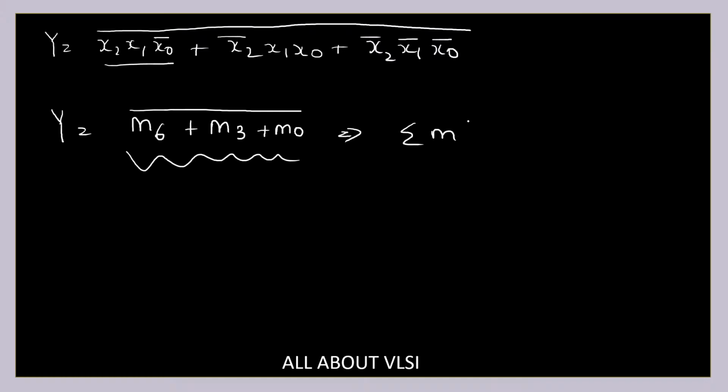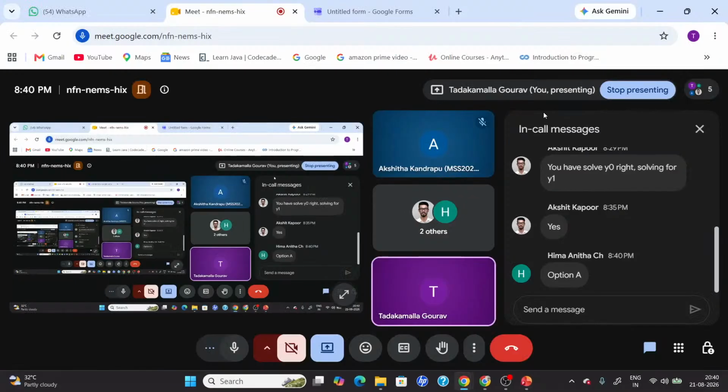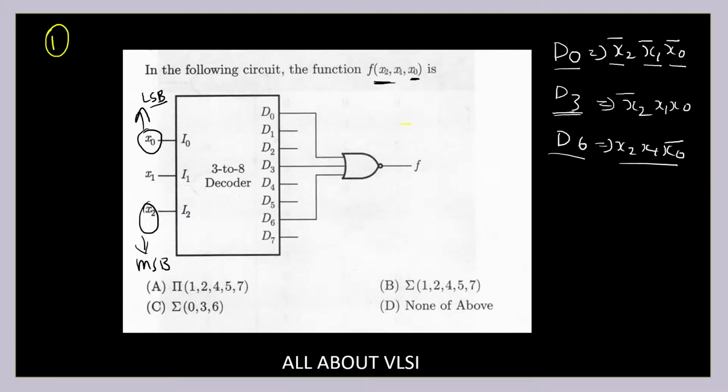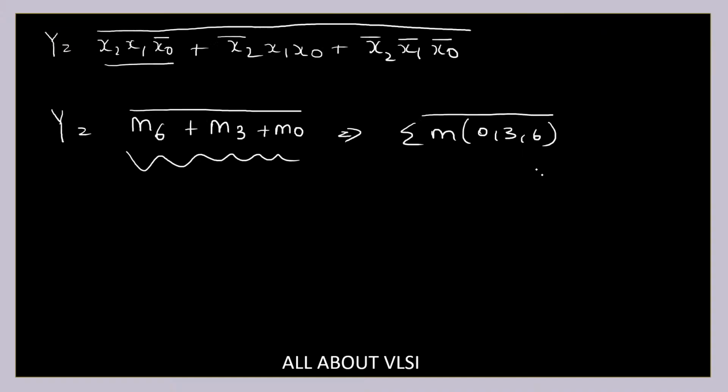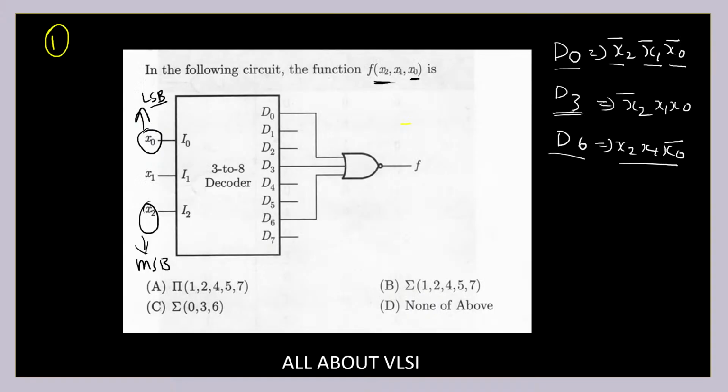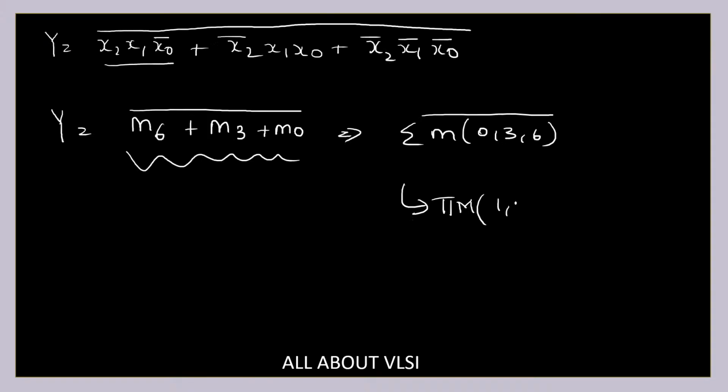What is the result? This is nothing but the complement of sigma m of 0, 3, 6. What are we going to get? Option A, which is nothing but pi of 1, 2, 4, 5, 7, the maxterms of 1, 2, 4, 5, and 7. No need to solve this further; if you solve it, you're going to get the same.